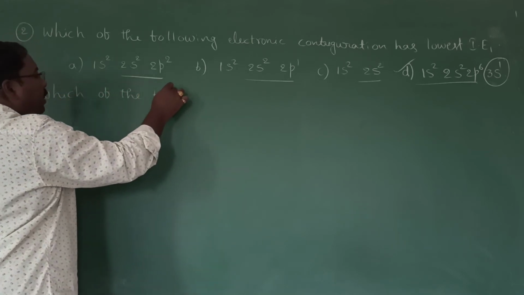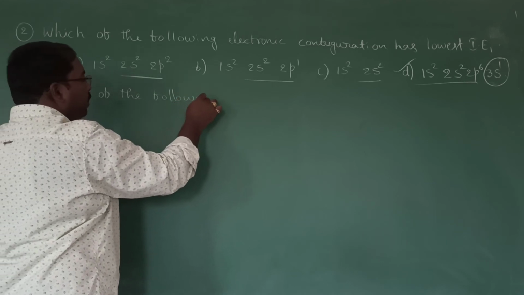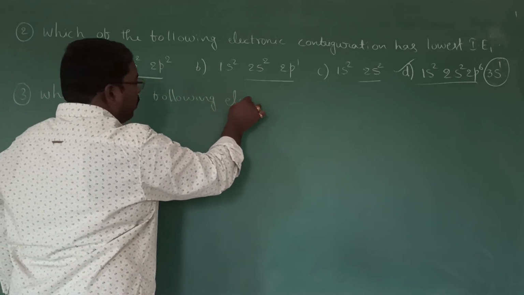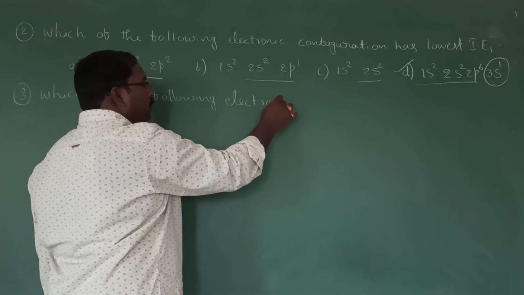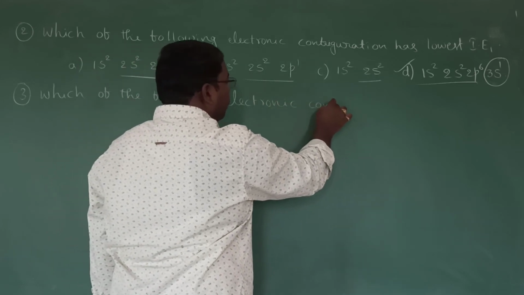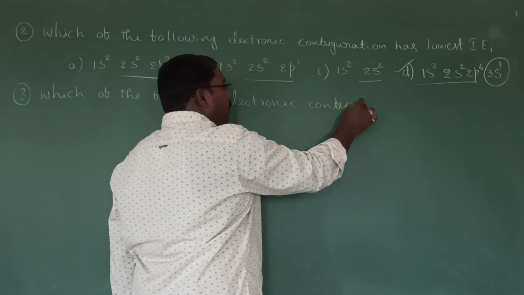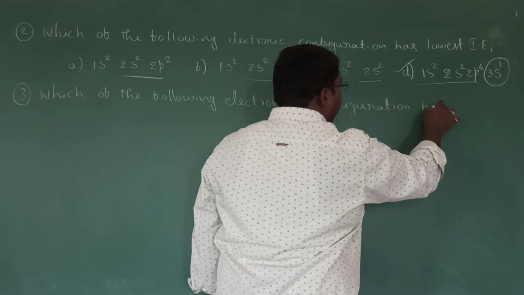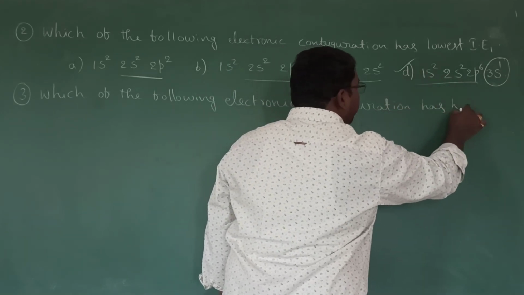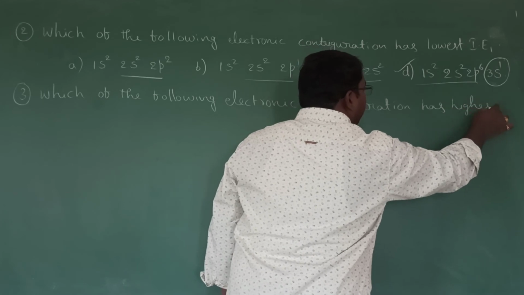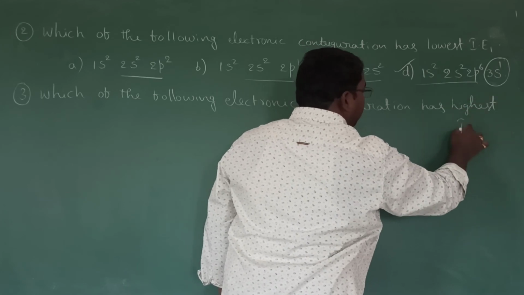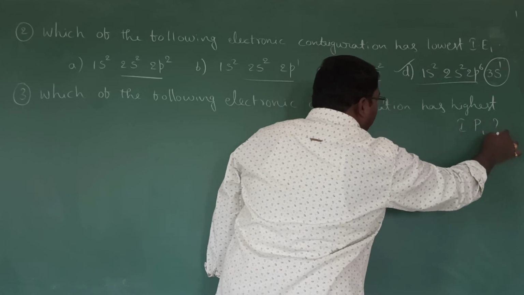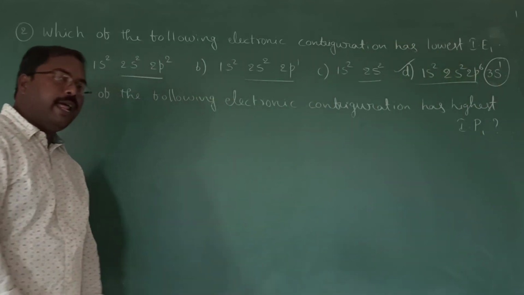Which of the following electronic configurations has, this time, the highest ionization potential value?